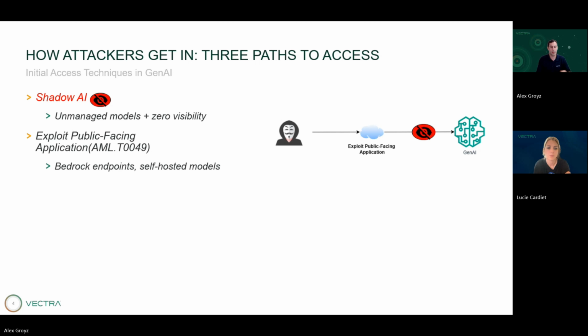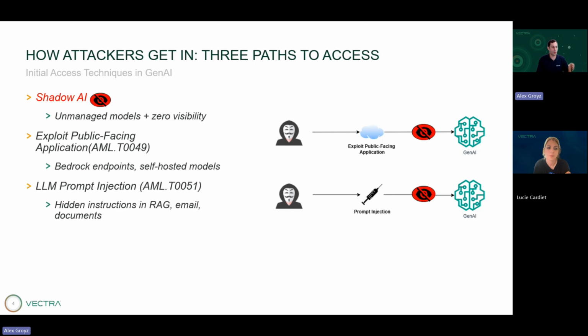Second, we have prompt injection, and this is for both direct and indirect. This is often described as the GenAI-native version of phishing. Attackers embed hidden instructions either directly into the user input, or indirectly into third-party content like PDFs, emails, and web pages.